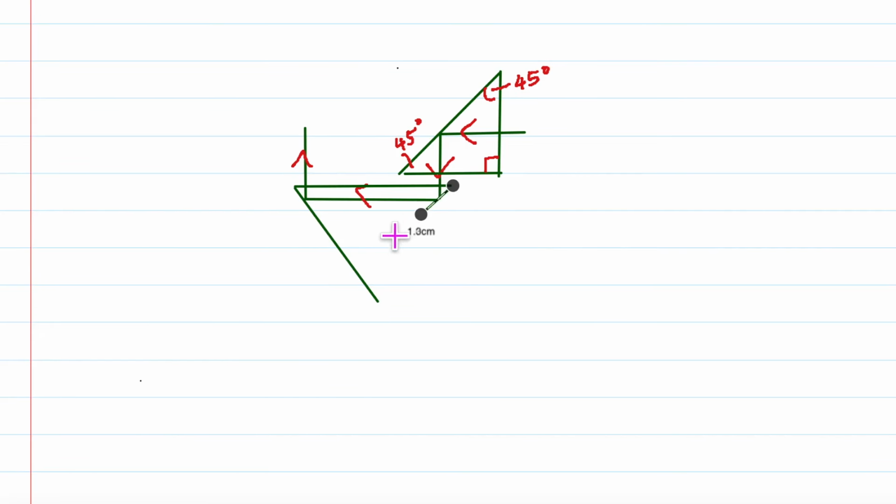I can't see the exact endpoints. Okay. So this angle over here will be 45 degrees and this angle over here is going to be 45 degrees and this is going to be 90 degrees.